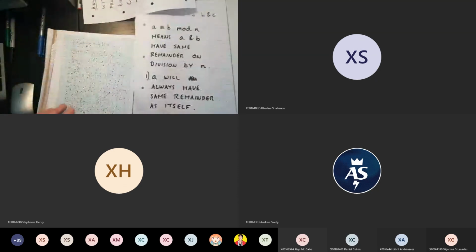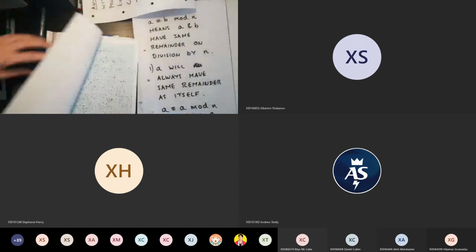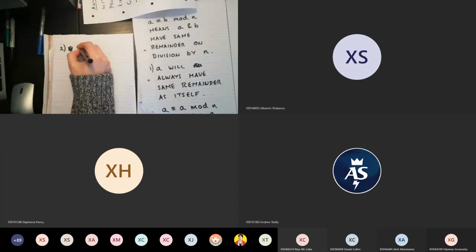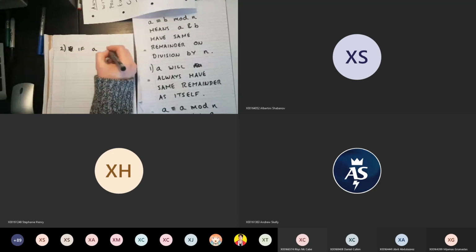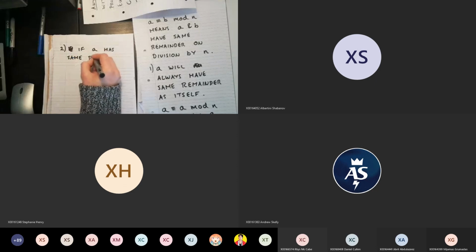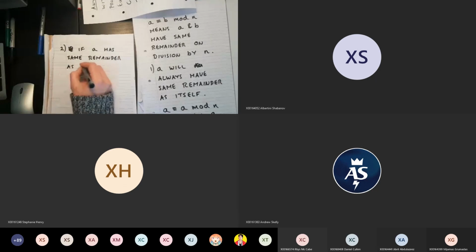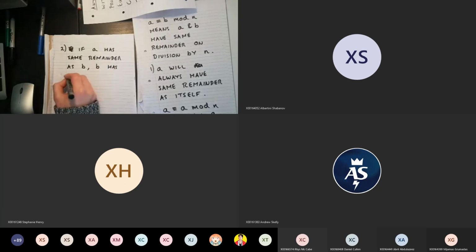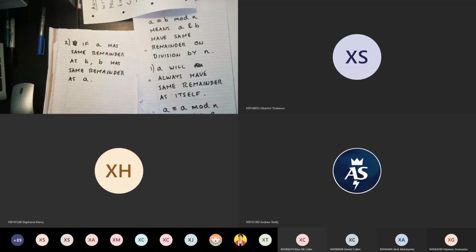What about the other ones? What about A and B? Well, if A has the same remainder as B, then B clearly has the same remainder as A. So what does that mean?